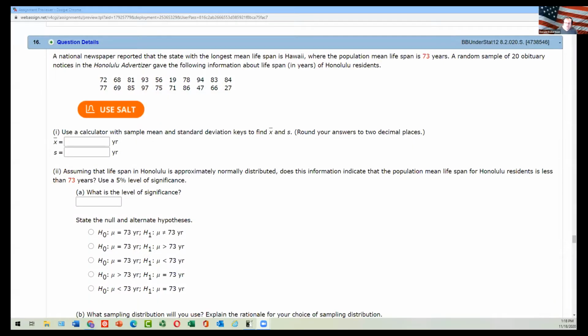It's about how long you're going to live if you stay in, evidently, Hawaii. A national newspaper reported that the state with the longest mean lifespan is Hawaii. So people live longer in Hawaii, and that mean lifespan is 73. A random sample of 20 obituary notices in Honolulu came up with these ages at which the person died.